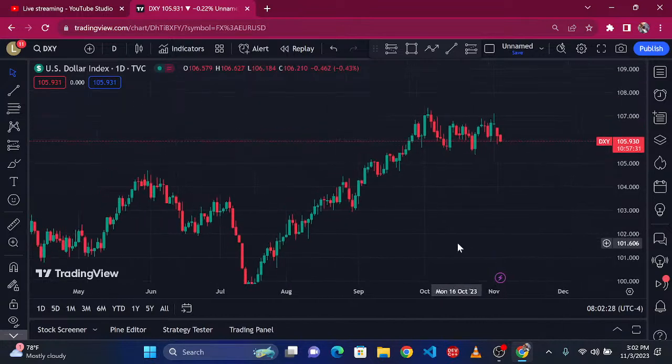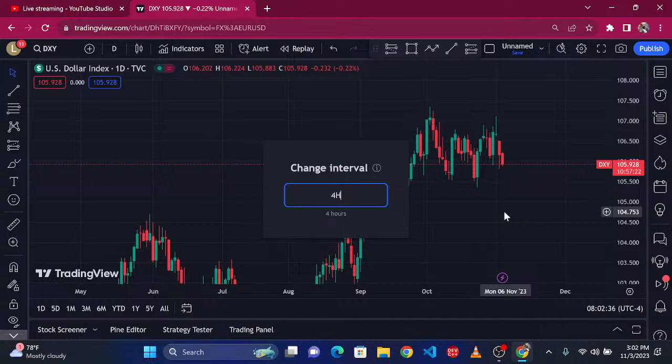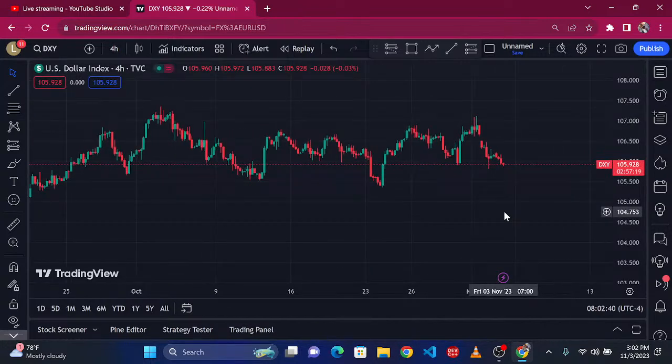So let's see the analysis in a lower time frame, because this is a day time frame. So we shall go to the 4-hour time frame. First of all, the 4-hour time frame. Let's see how the market looks.